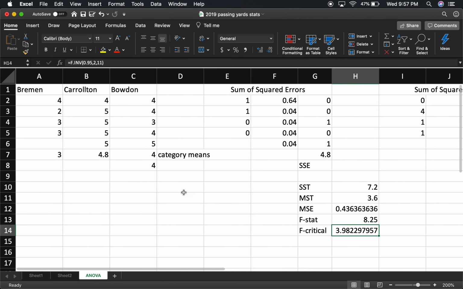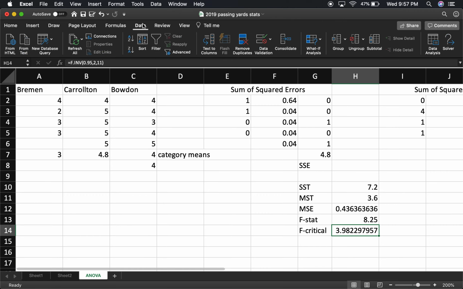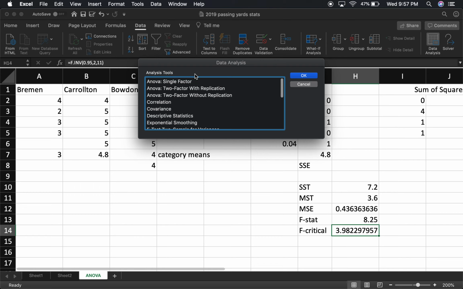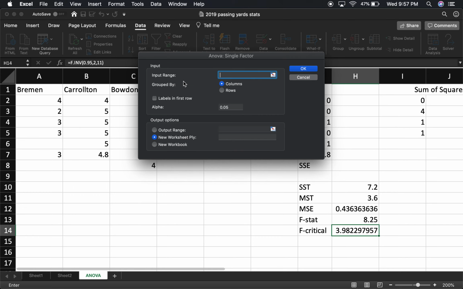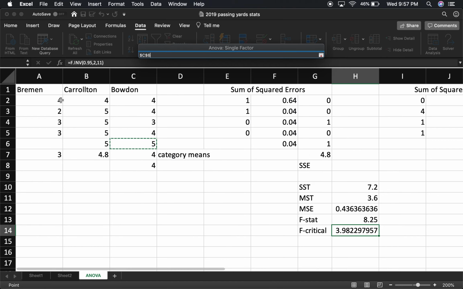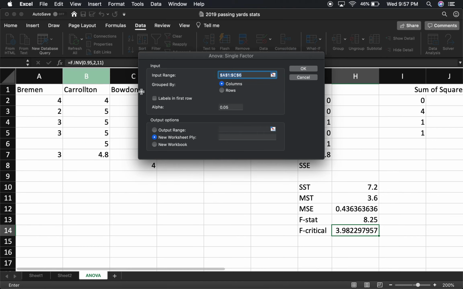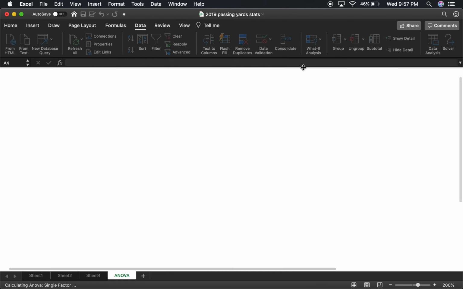Now, what I want to point out to you, and this is important, is that Excel will actually do this for you. If you go to the data analysis, ANOVA, single factor, you go to your data, just click on all of it, labels in the first row, hit OK.